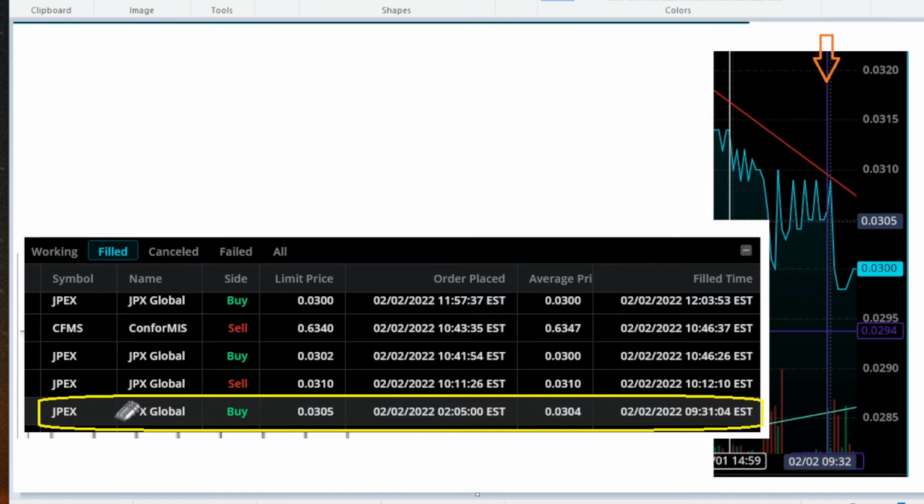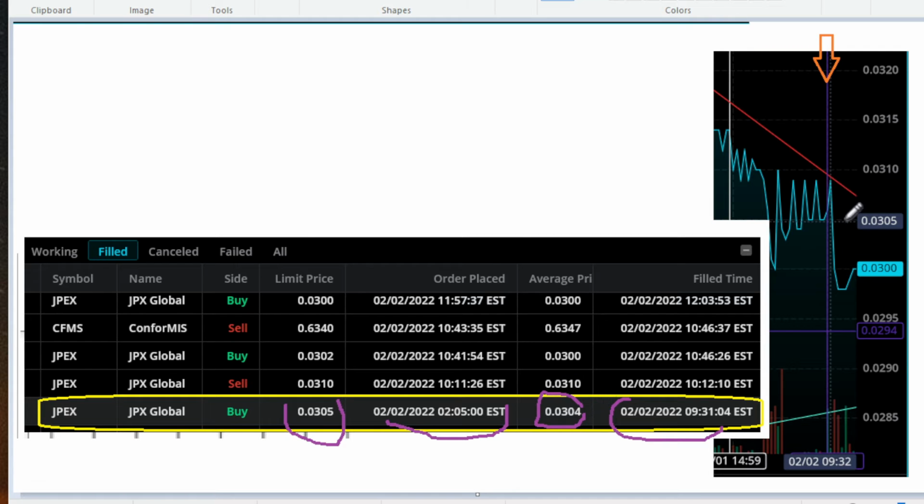My first buy order, I placed it very early in the morning because I guess I woke up and I decided to do a limit order of 0305. And it actually filled at 9:31 a.m. So roughly, where you see this orange arrow going down, an average price of 304.